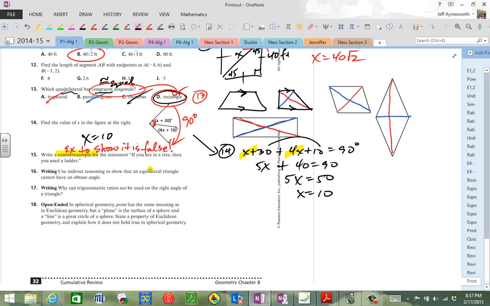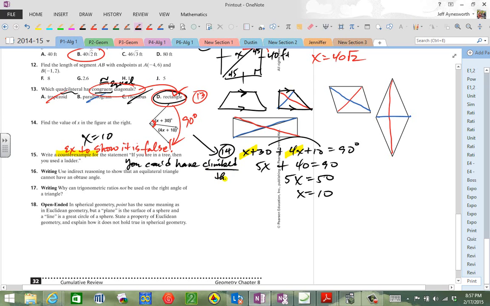This has many different examples. You could have just climbed the tree with the branches, because you don't need a ladder always, do you? A lot of kids climb trees. So just because you're in a tree doesn't mean you use a ladder. You could have just climbed the tree. So that is a counterexample because that's a false statement.